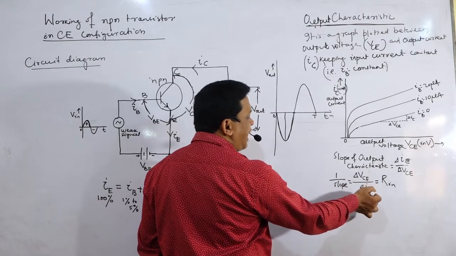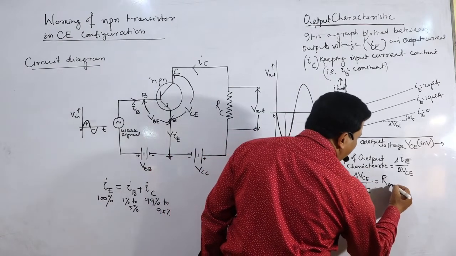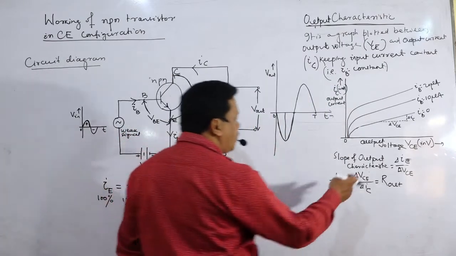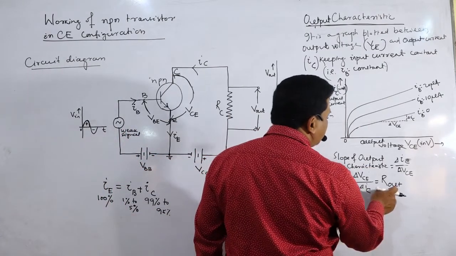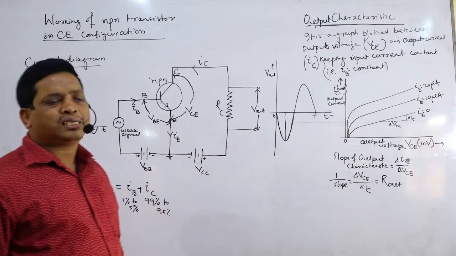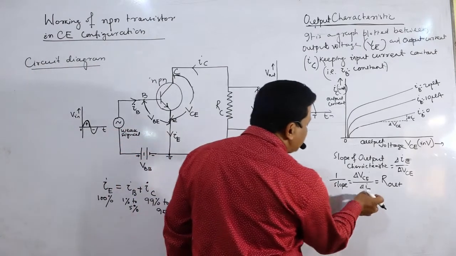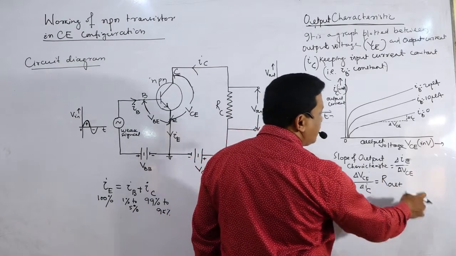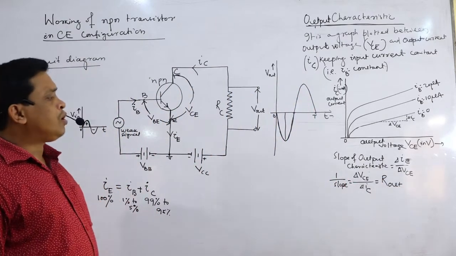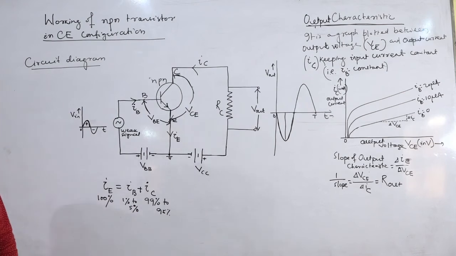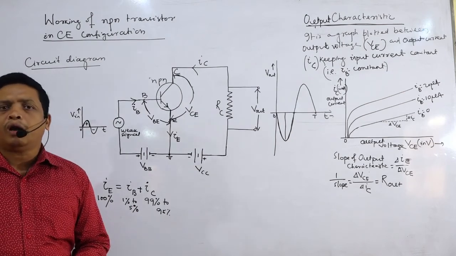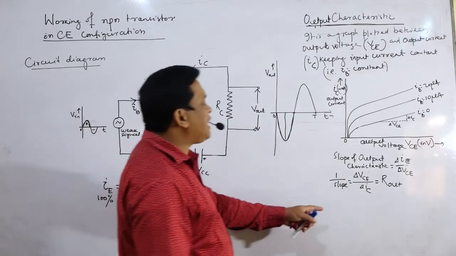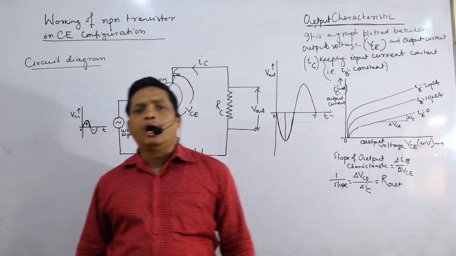Output voltage by output current is known as output resistance. And you see, this is very small and this is very large. Therefore, Rout is very large. So we say that in the transistor, input resistance is very small, of the order of a few ohm, whereas output resistance is very high, of the order of kilo ohm.